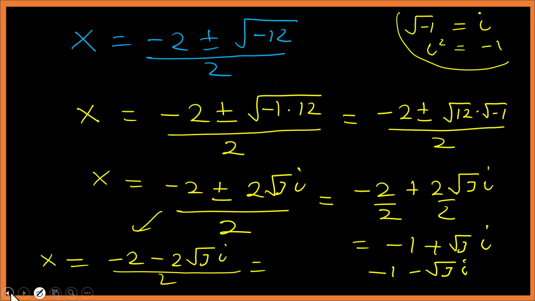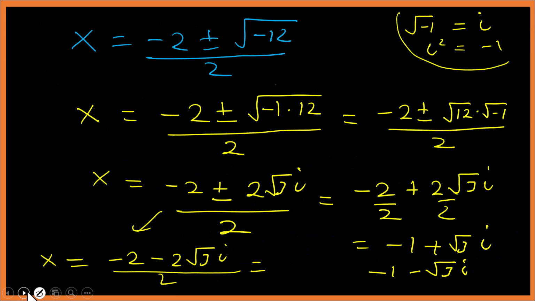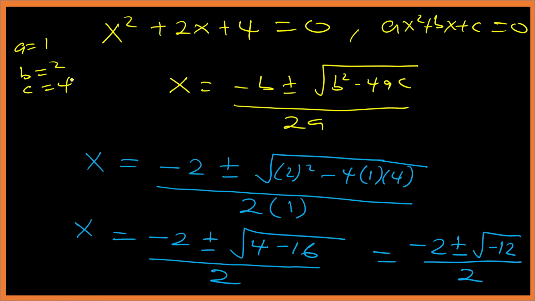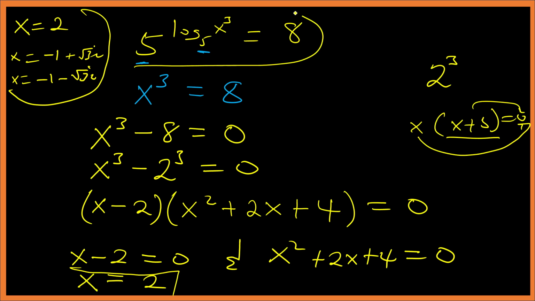Okay, so we have 3 answers. So x equals 2, then we have -1 plus root 3 i, then we have -1 minus root 3 i as solutions to this question. Okay, but the only real solution is when x equals 2.